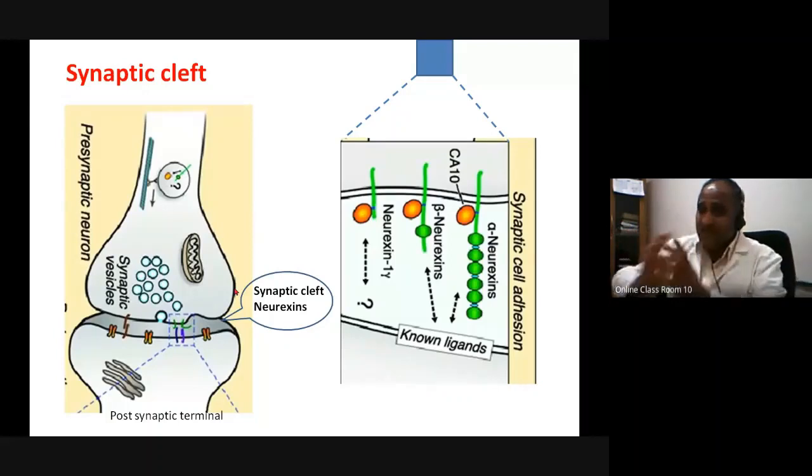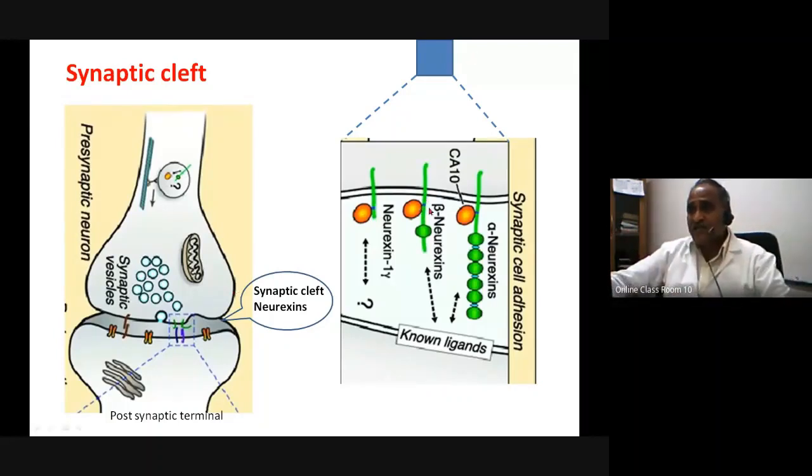Even within the synaptic space, look at these proteins. This is the postsynaptic side, this is the presynaptic side. These are the neurexin proteins, hanging on here, the green ones.